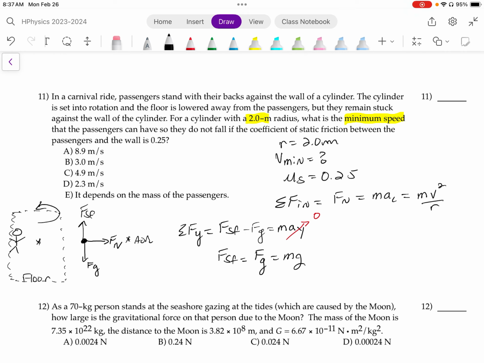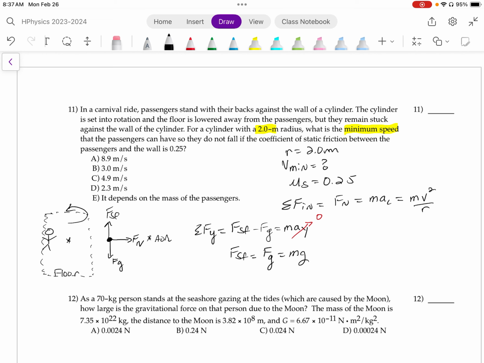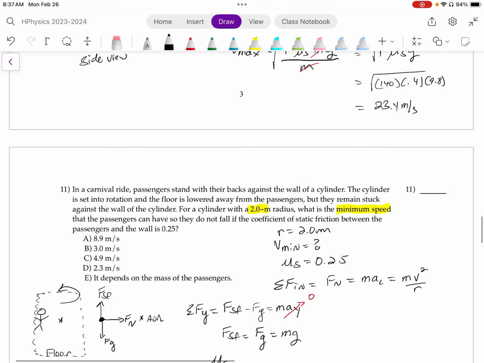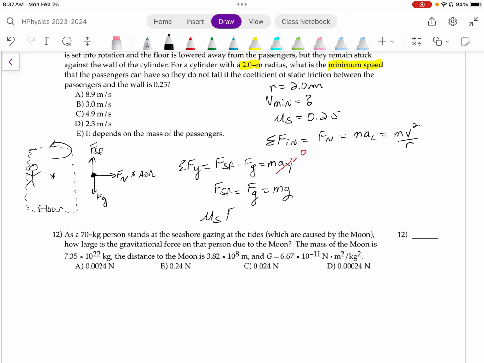Now, the other thing, I've got to think about this for just a minute. If I'm just about to slip, we know that force of static friction will be at the maximum. So we will have mu sub s times force normal, which will also equal mg.